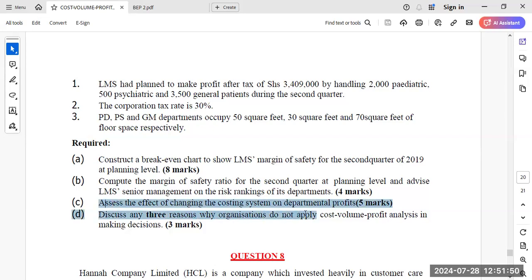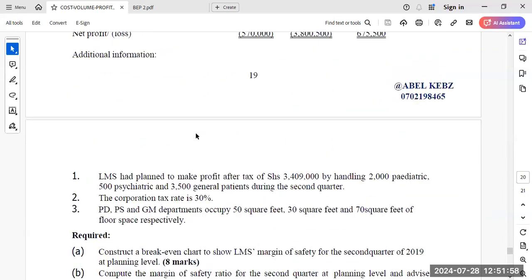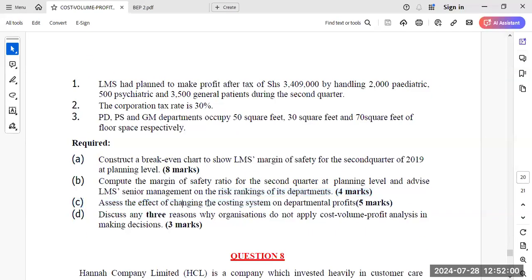That's where ABC will apply. The effect of changing the costing system: initially, you are using CVP, you want to change to ABC. What will be the effect on your departmental profits? So here you use ABC.